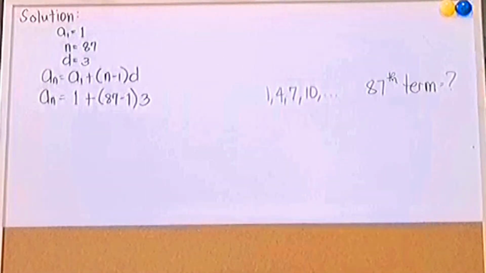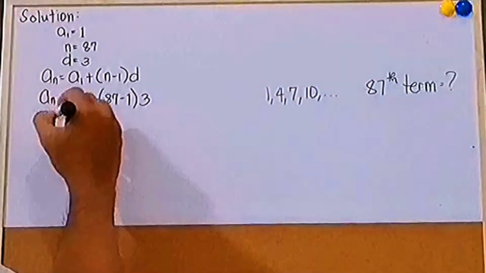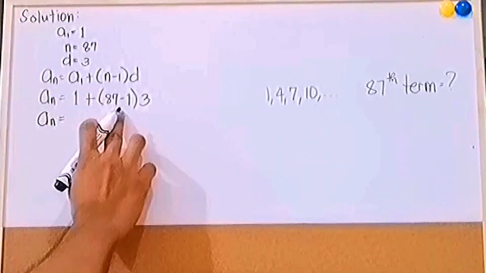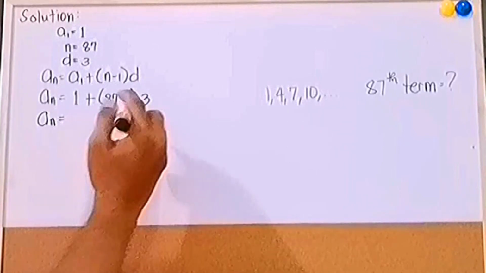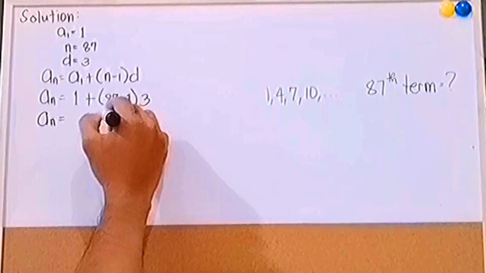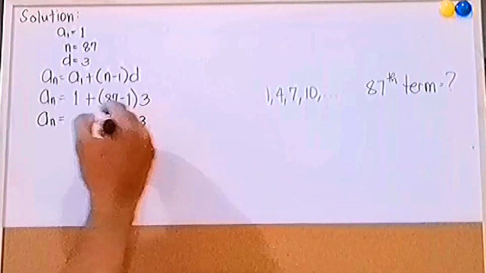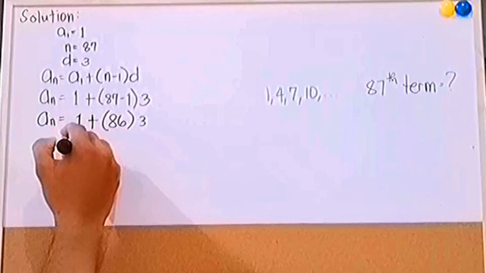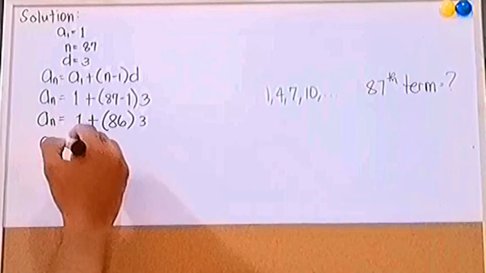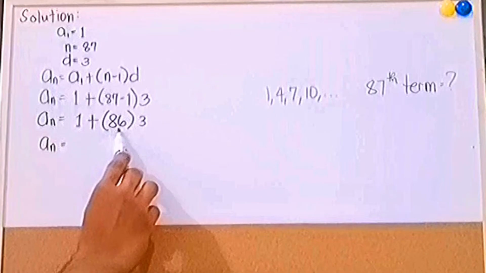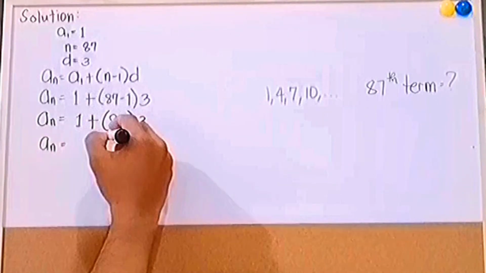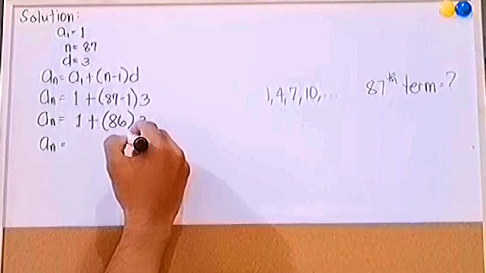Now let's write the formula and substitute the following given. After substitution, we need to operate the following operations by applying PEMDAS. So first, we operate the operation inside the parentheses. 87 minus 1 is 86. Next, copy everything that is left. Next, you need to multiply 86 and 3, and that gives you 258.